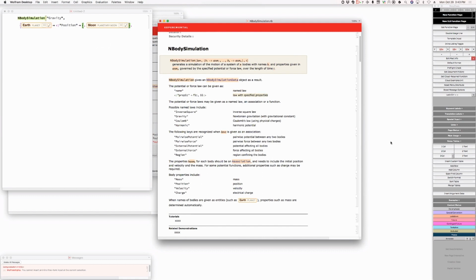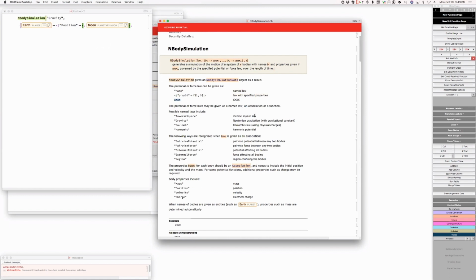Okay, and now the third case is a function to be applied to configurations. Is that correct? What does that function do?